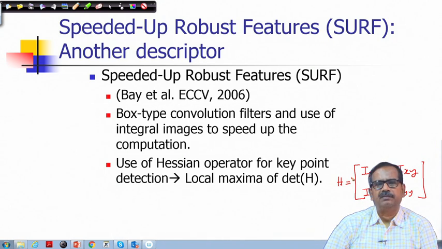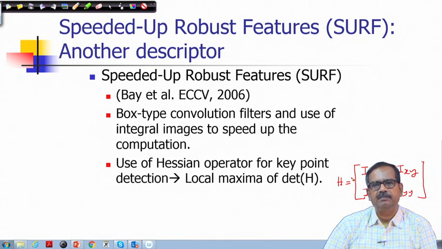And you find the local maxima of the determinant of this Hessian. Once again you can perform these operations over a multi-resolution representation, where instead of convolving using the Gaussian mask, the computation of this double derivative is done with different sizes of masks.